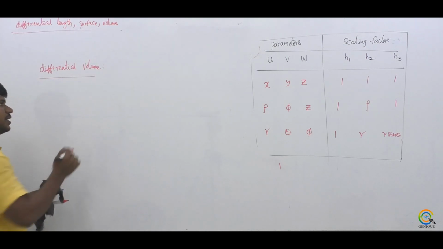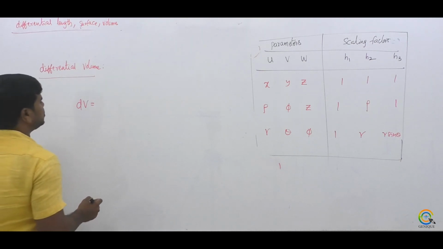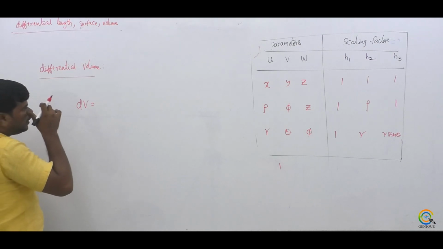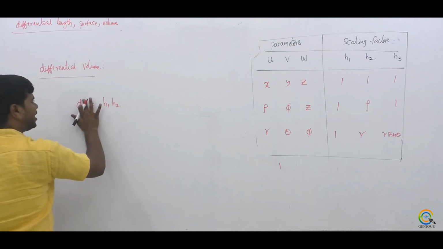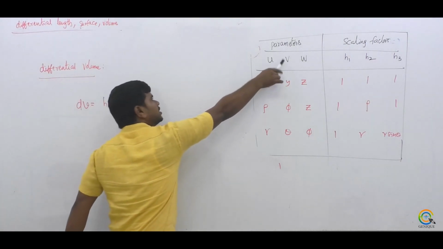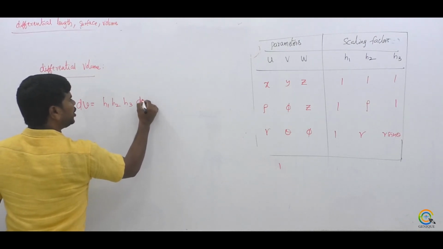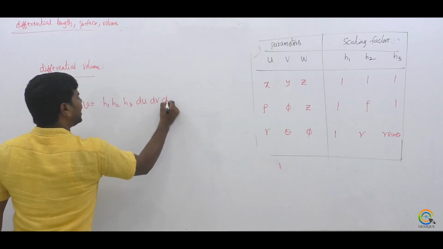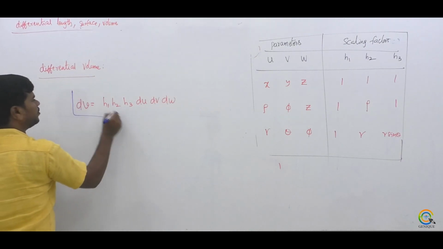The differential volume is represented with dV. dV is equal to h1 h2 h3 du dv dw. I am writing dV with a capital V because I have used the small v here. So this is the differential volume.